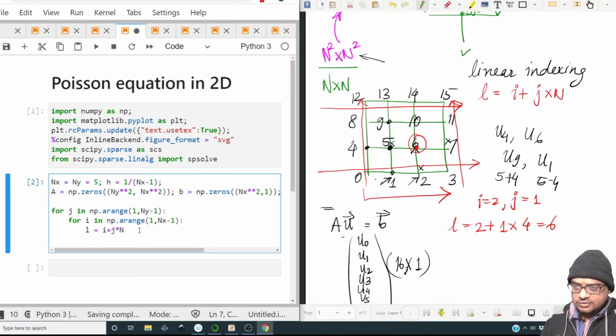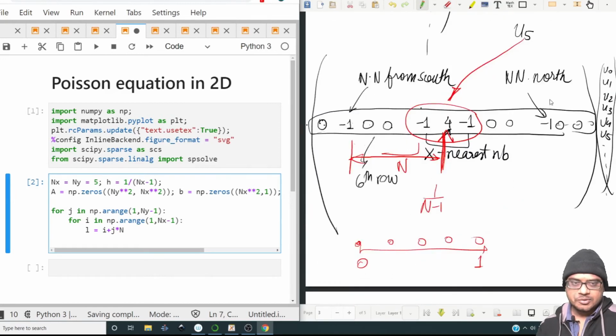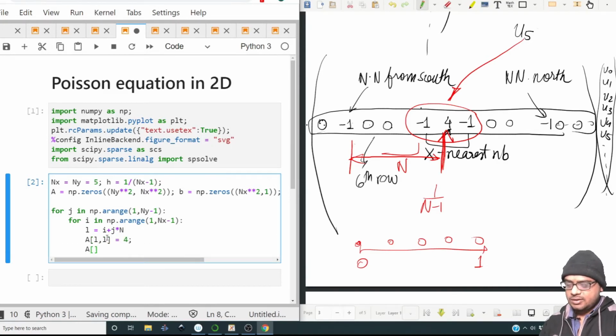So once we have the linear index, we have to then construct this particular matrix. So the diagonal element is going to be 4. So A[l, l], that is the diagonal element, it's going to be 4. A[l, l minus 1], it's going to be the neighbor on the west, it's going to be minus 1.